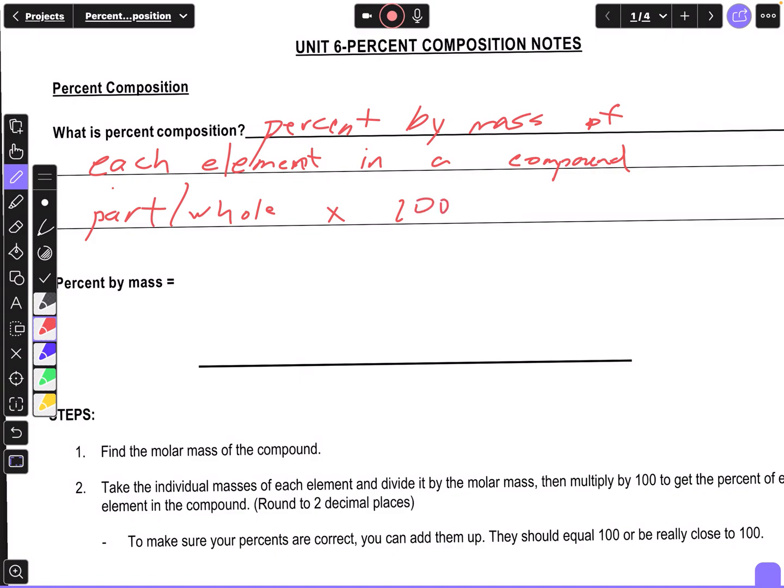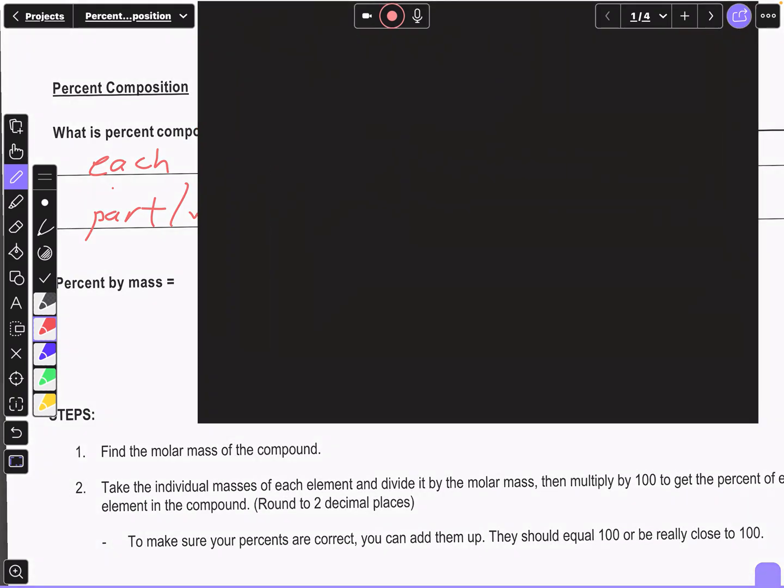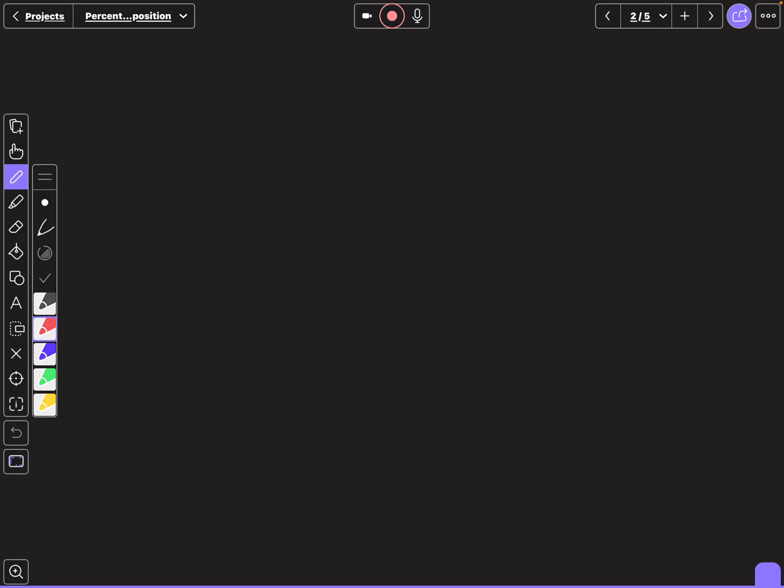So if we look at this, we can find the percent of anything. If you took a classroom where you had, let's say, 5 boys and 7 girls, if we wanted to find the percent of the boys, we would need the total.